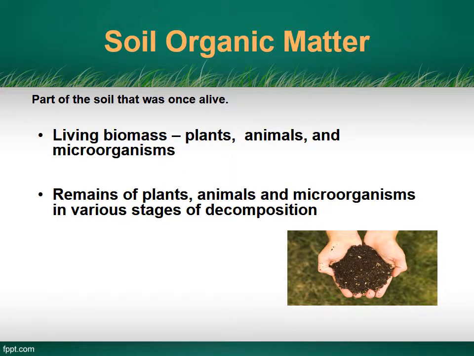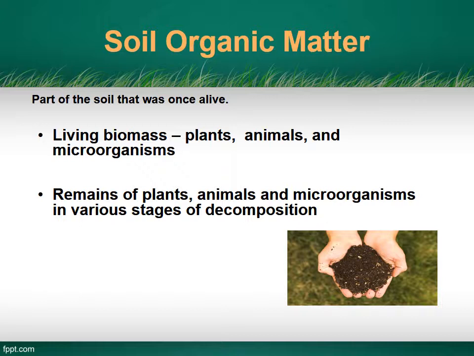Something that really helps with this is soil organic matter. If you remember from the very beginning of the presentation, I covered that in an ideal soil, you're going to have about 25% water, 25% air, 45% mineral, and 5% organic matter. The problem is here in Central Florida, you're lucky to have 1% organic matter.